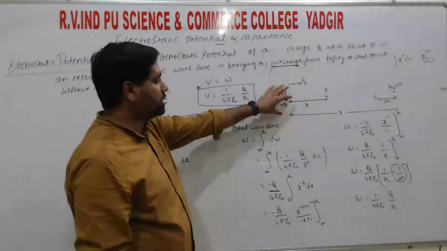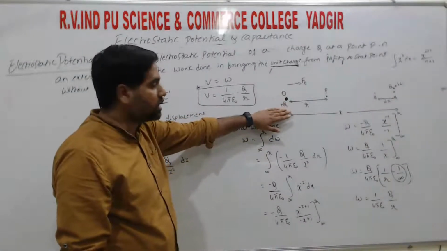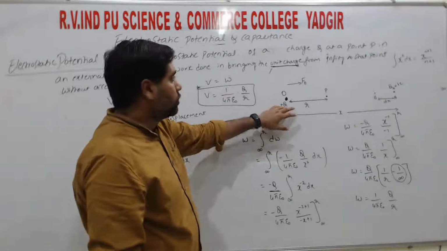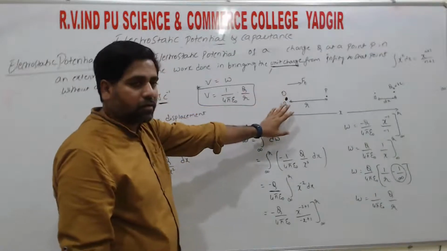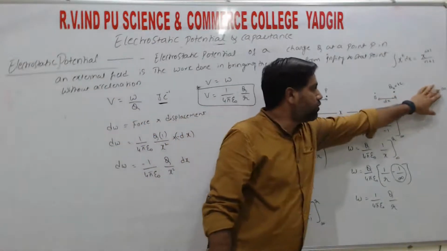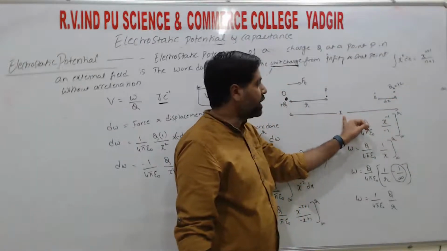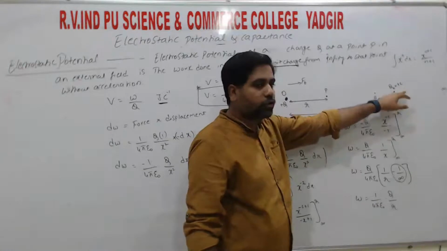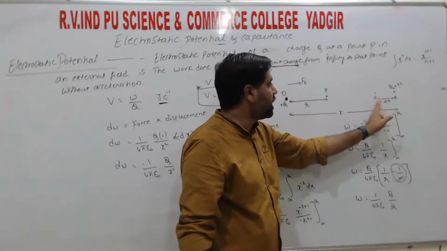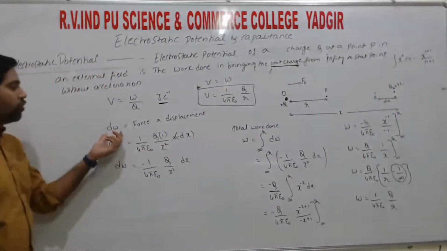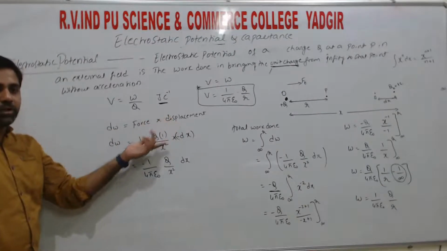So first we have considered one point charge which is placed at the origin, right? So we are going to find the work done. That's why we are bringing the charge from infinity to the point A which is at a distance x, right? So by applying the external force to bring the charge from A to B, work is done. So work done is equal to force into displacement.